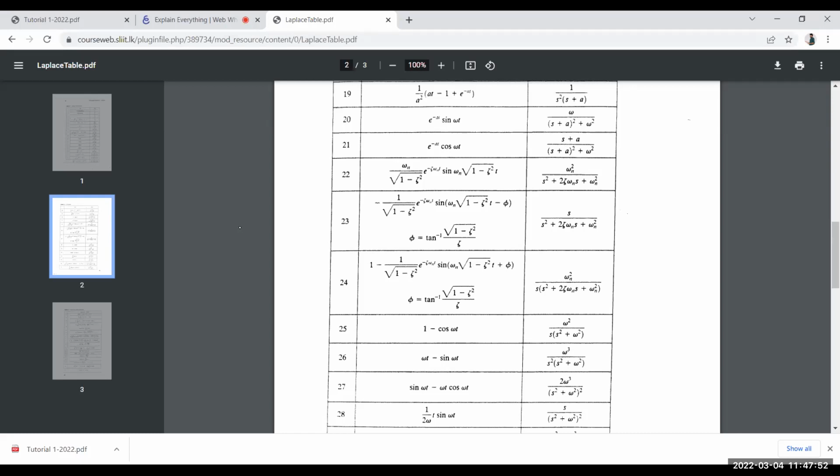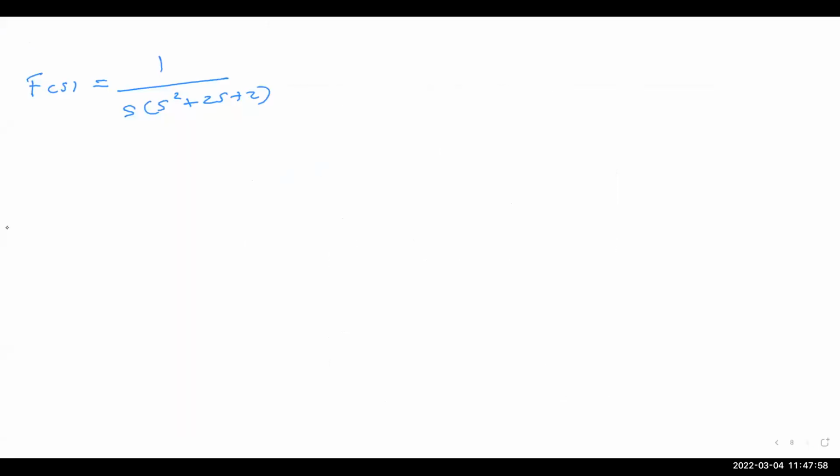Okay, we'll go a bit fast now. We have 2 more main questions to cover. So we get omega n squared on top, and in the bottom s squared plus 2 zeta omega n s plus omega n squared. This is the format in the table, Laplace transform number 24.